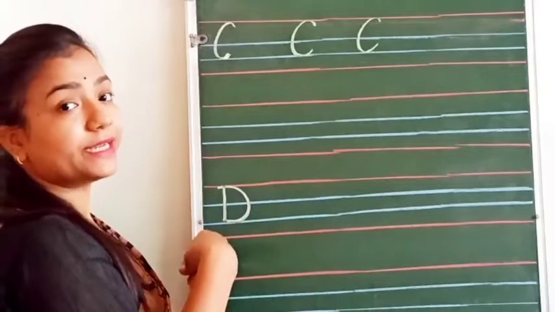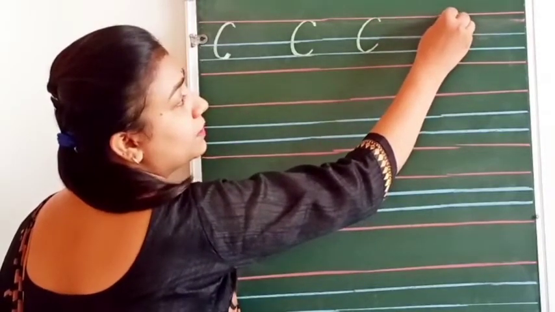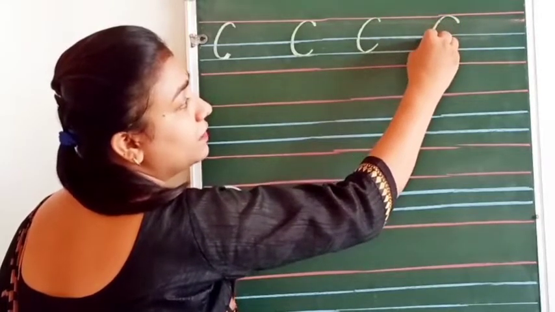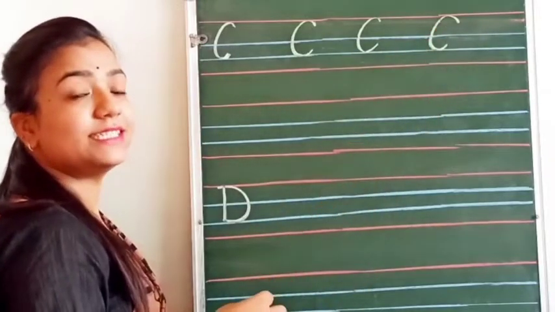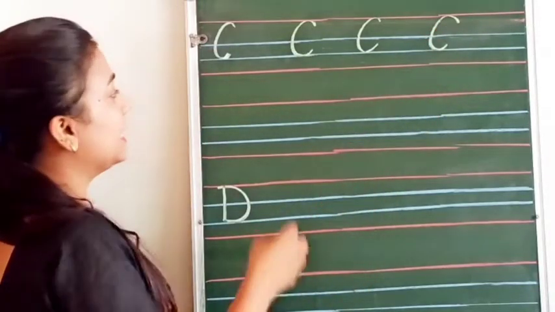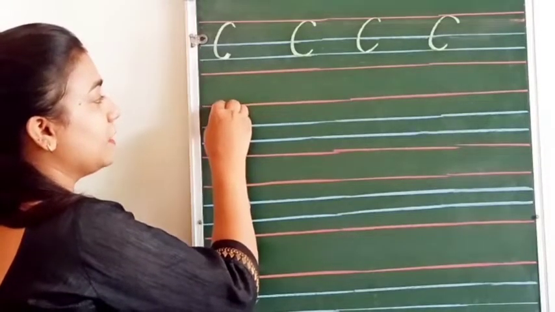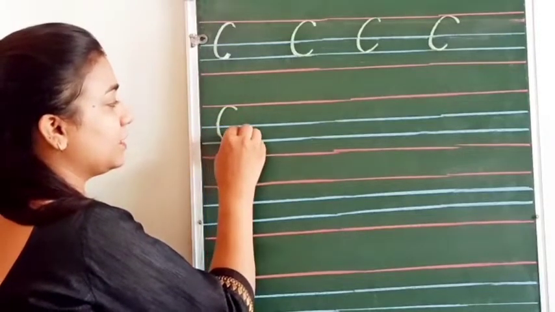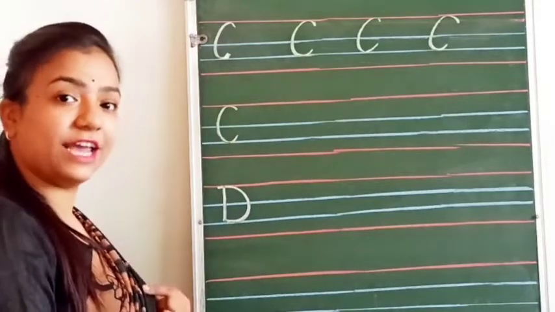Again we will practice. Starting from the top, come down, make a curve and then touch the 3rd line. This is letter C. Again we will practice.